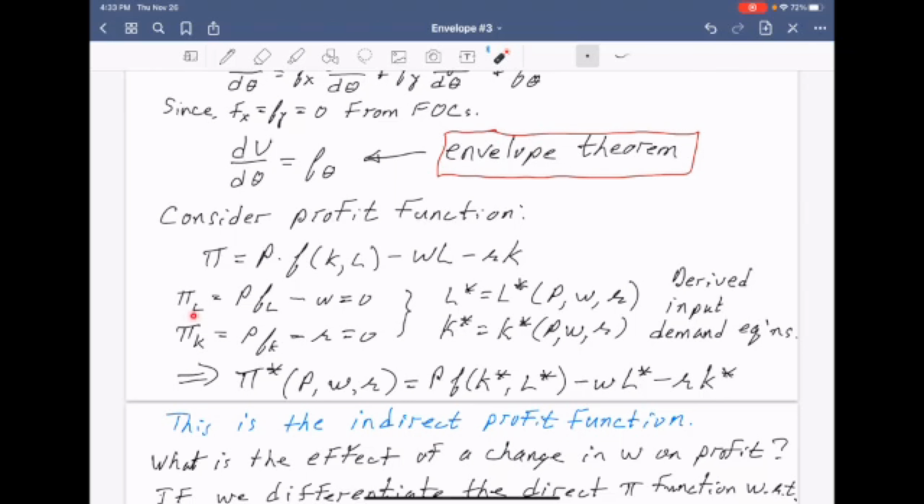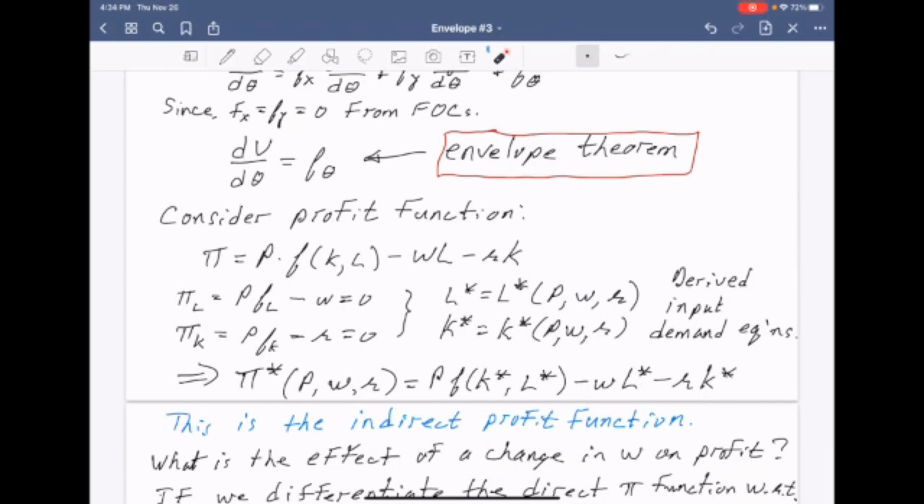We find that the first partial derivative of the profit function with respect to labor is equal to the value of the marginal product of labor minus the wage rate equals 0, and the same for capital: the value of the marginal product of capital minus the input price of capital is equal to 0. And from that we derive these input demand equations, L star as a function of output price and these input prices, and K star as a function of output price and the input prices.